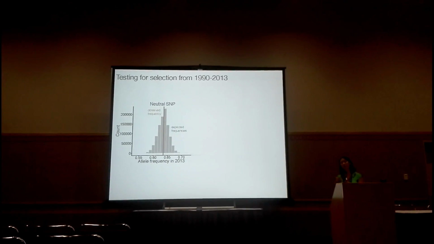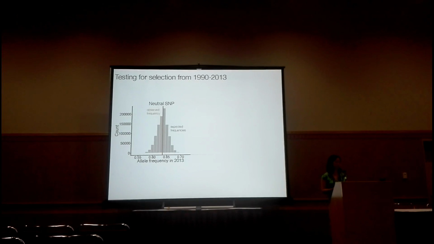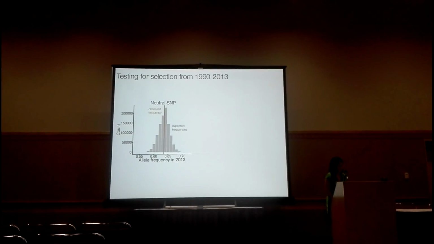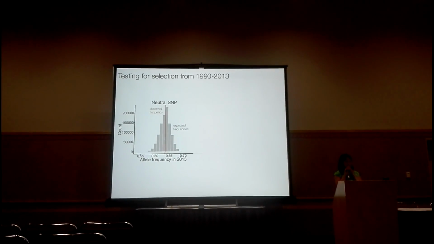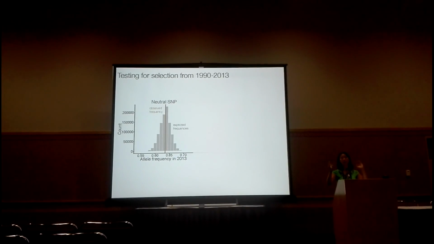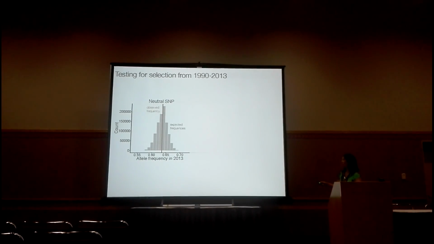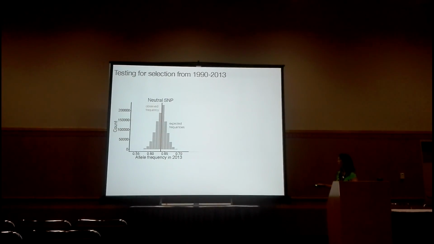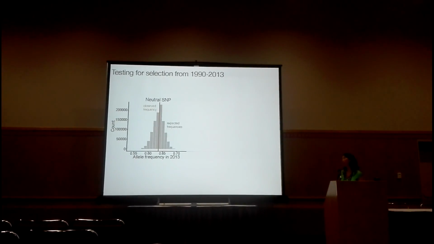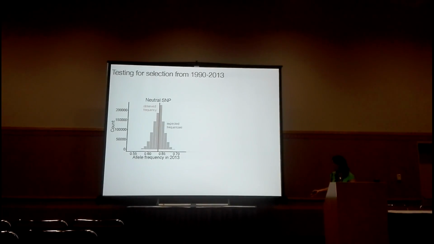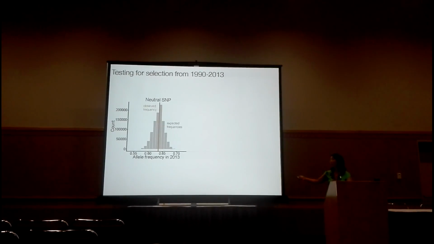Now, how do we detect selection after controlling for those two processes? Here I'm just looking for net selection between 1990 and 2013, and the way we do this is we run our million gene dropping simulations to generate the expected allele frequency in 2013 under neutral processes. This is shown in gray.